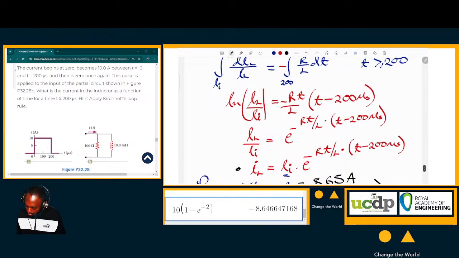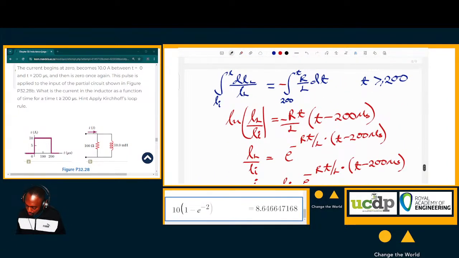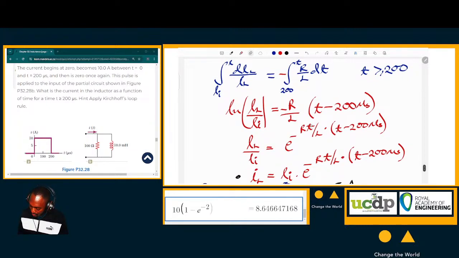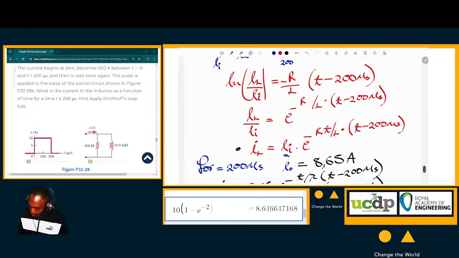So I repeated this t here, which was eliminated by putting the time constant, the limits. I wasn't supposed to put the t. We already have the t in the bracket here. Sorry about that.